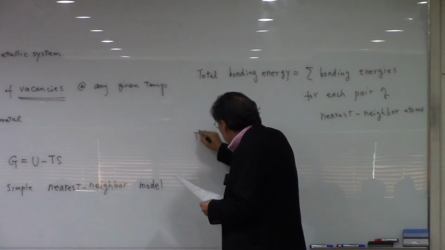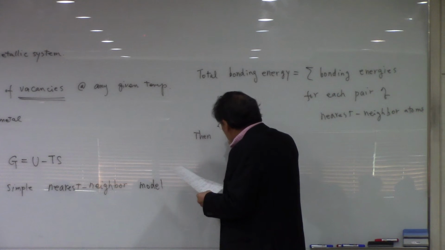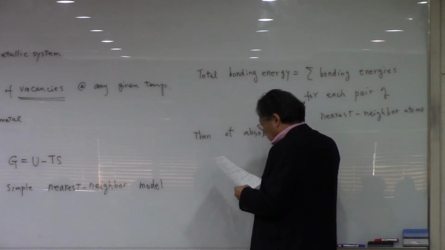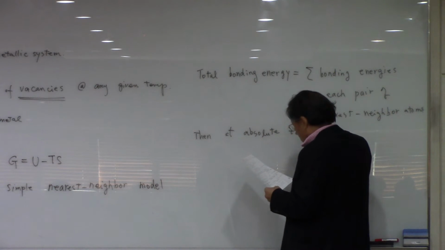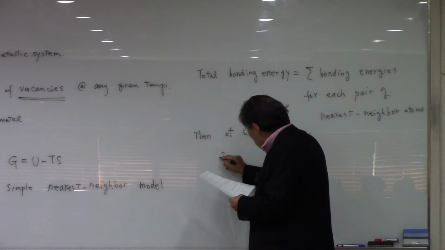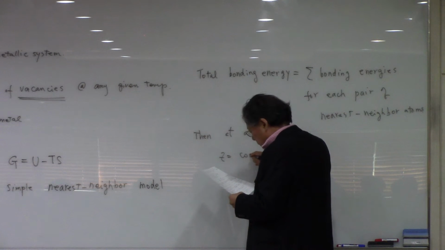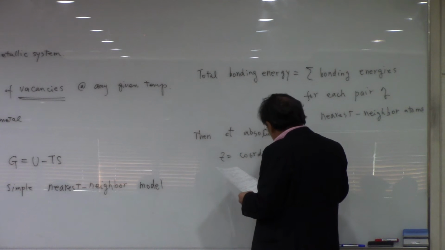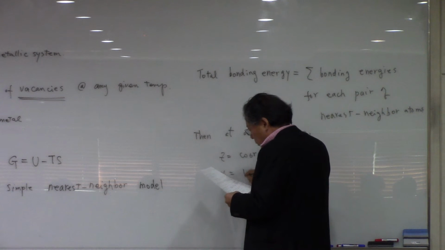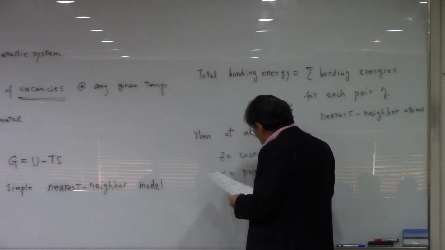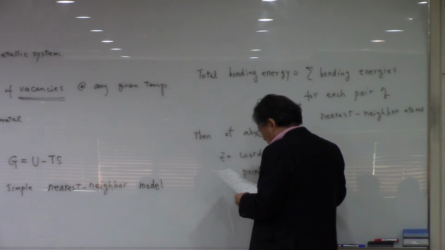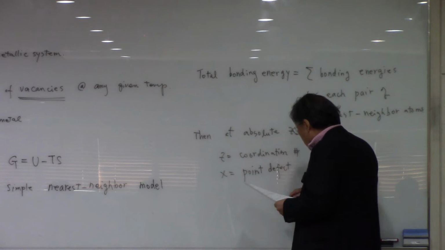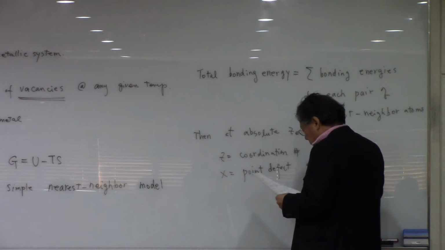Then at absolute zero temperature, G is the coordination number. X is equal to the point defects atomic fraction.